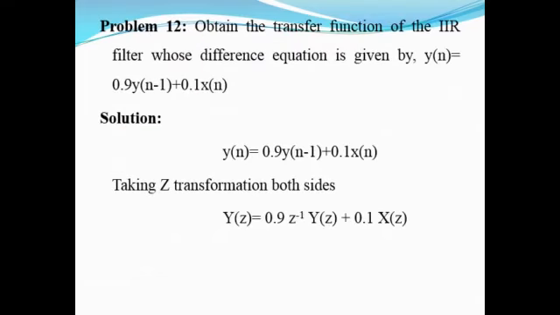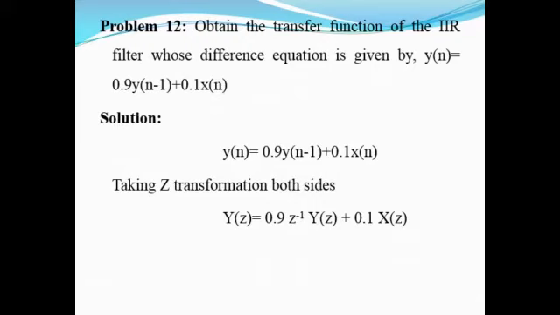Then we have a problem. Obtain the transfer function of the IIR filter whose difference equation is given by y[n] = 0.9 y[n-1] + 0.1 x[n].